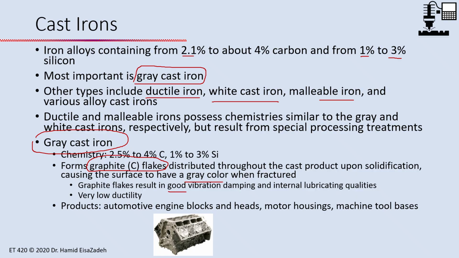For example, the first one is good vibration damping, and also it has good internal lubrication. And the third one is low ductility. Because of these 3 advantages, we can use this material for automotive engine blocks, motor housings, or machine tool bases.